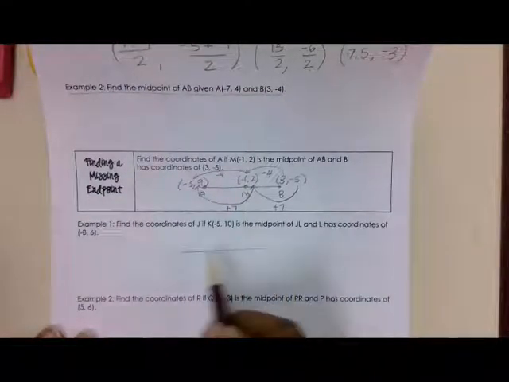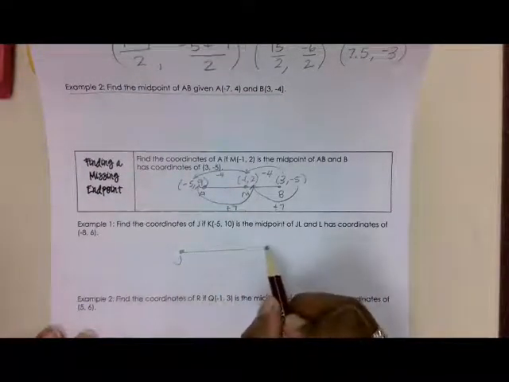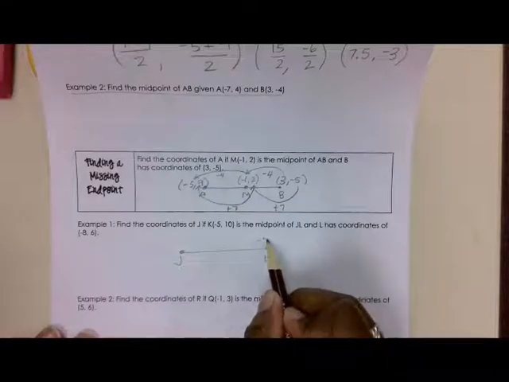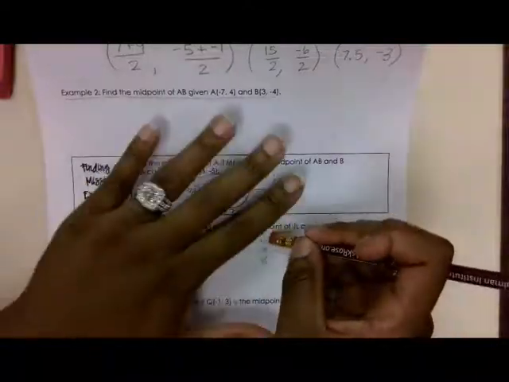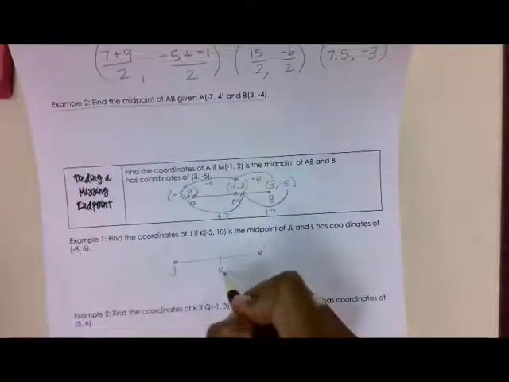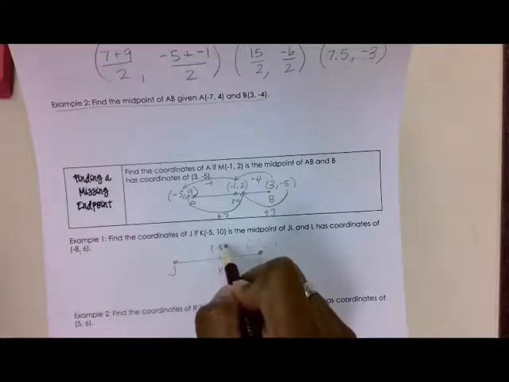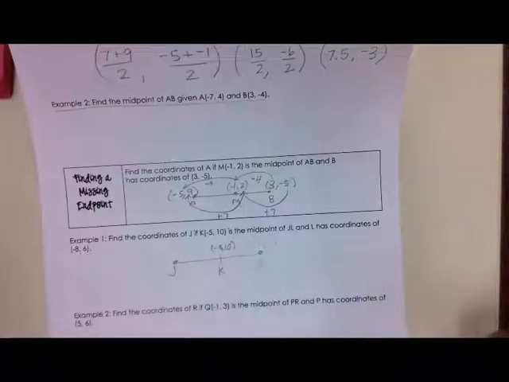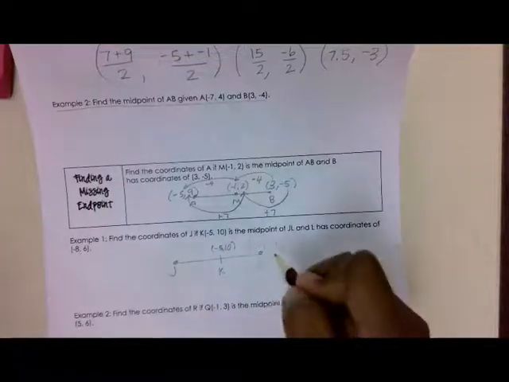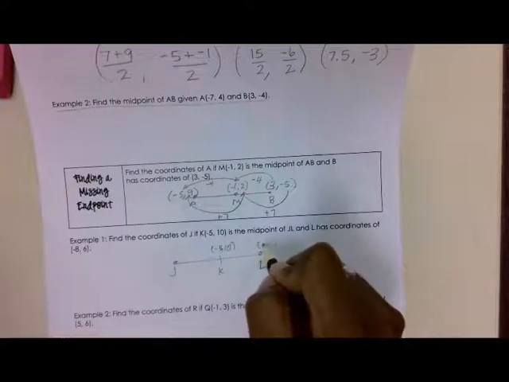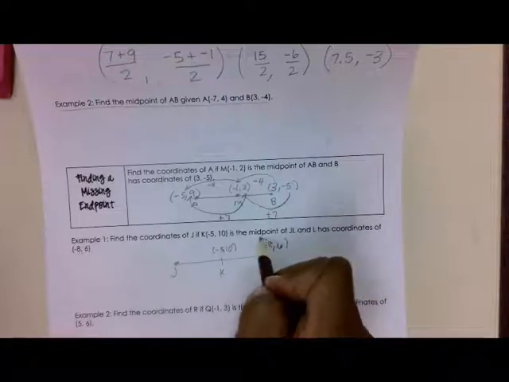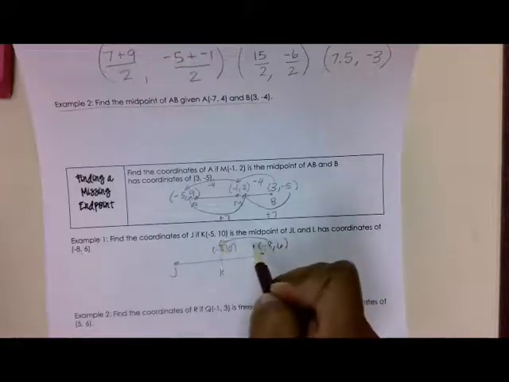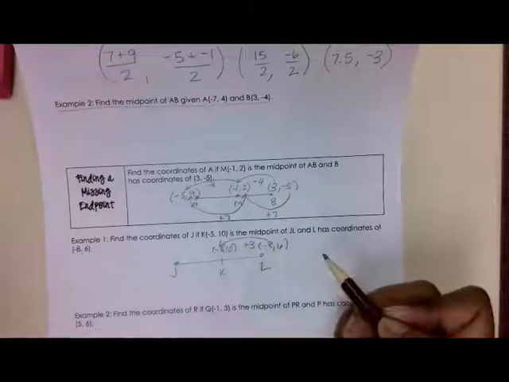Alright, I'm going to do another example. So, find the coordinates of J if K is negative 5, 10. Oh, K is the midpoint, my bad. So K is our midpoint. So K is negative 5, 10. And L is negative 8, 6. So first I'm going to start with my x's. I'm going to go from negative 8 to negative 5. Well, that was adding 3.